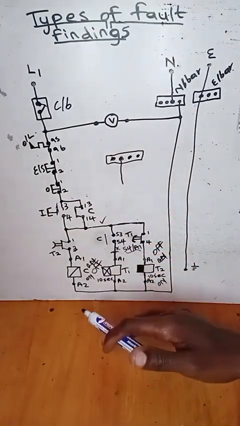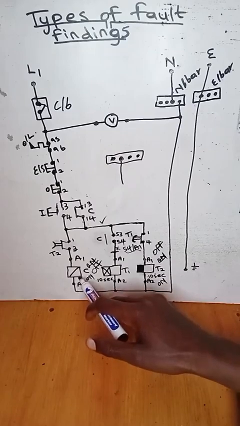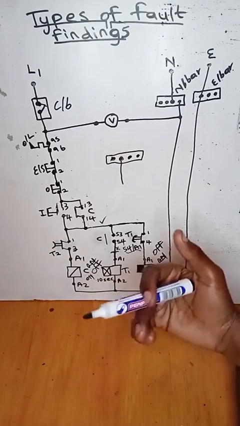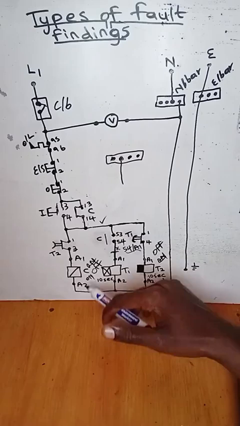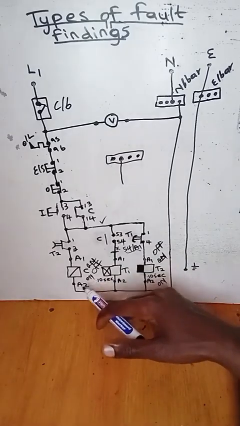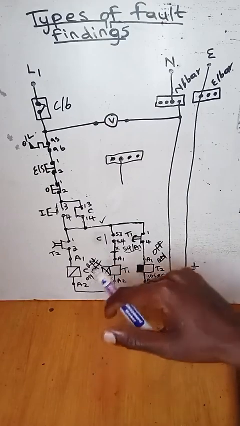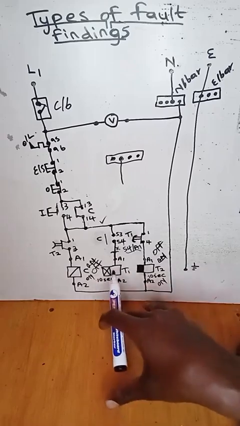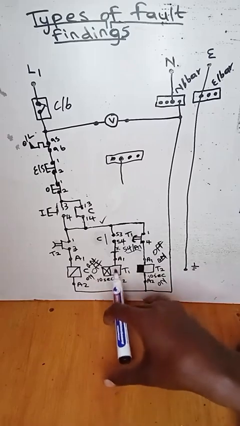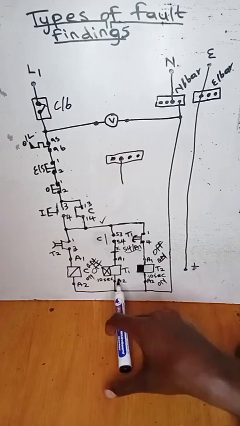So if the coil of a contactor is not energized, check the connection that only affects the coil of a contactor not to be energized, right? And when the delay on timer is not energized, check the connection that can affect the delay on timer not to be energized. Only the connection of the delay on timer.